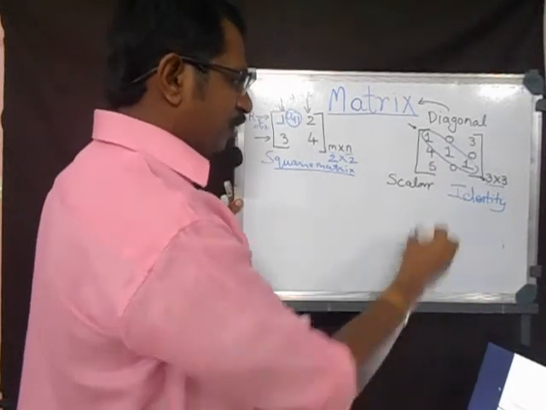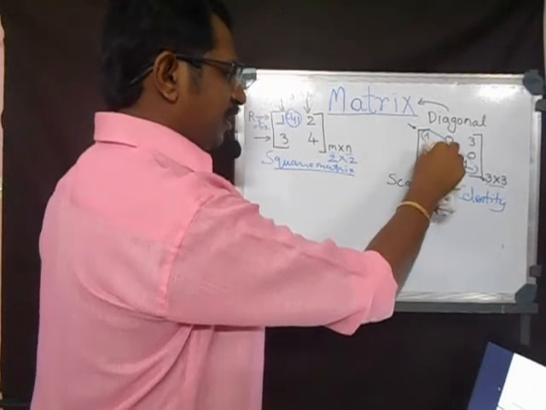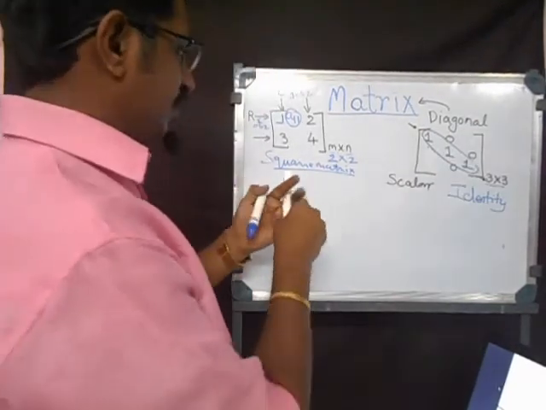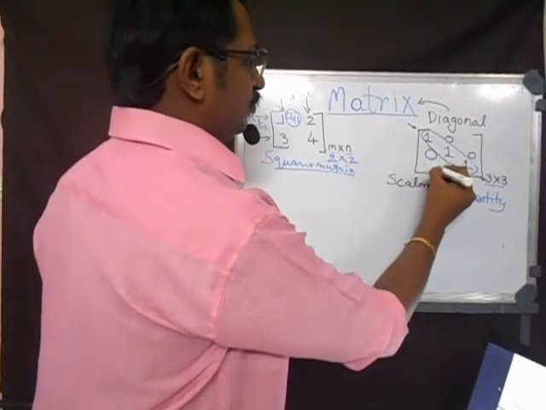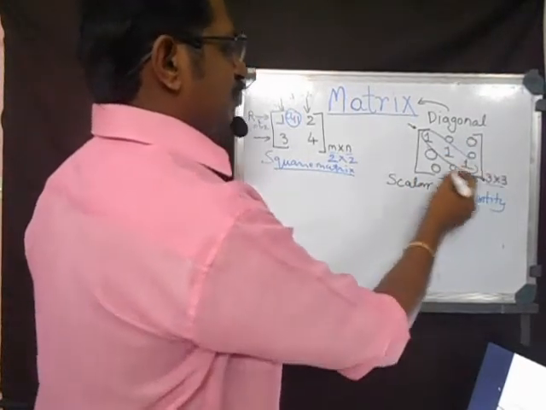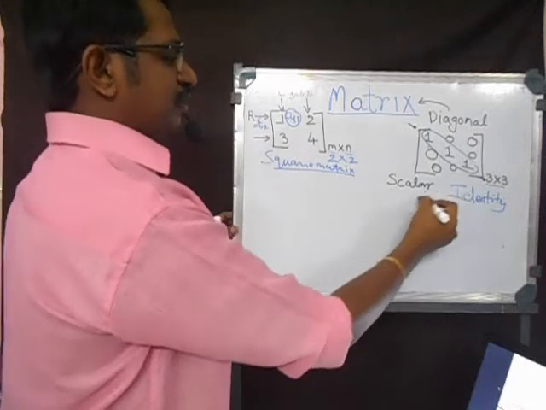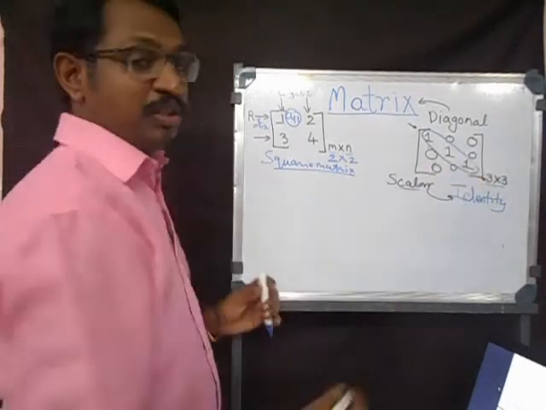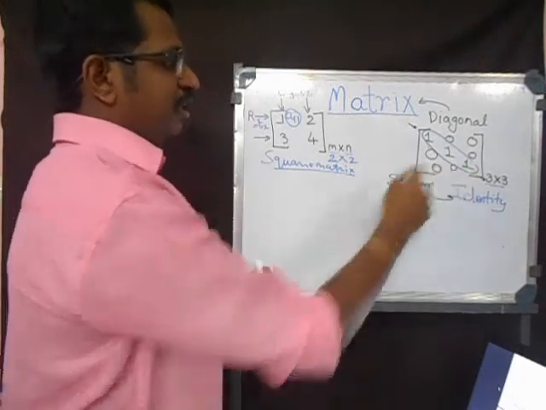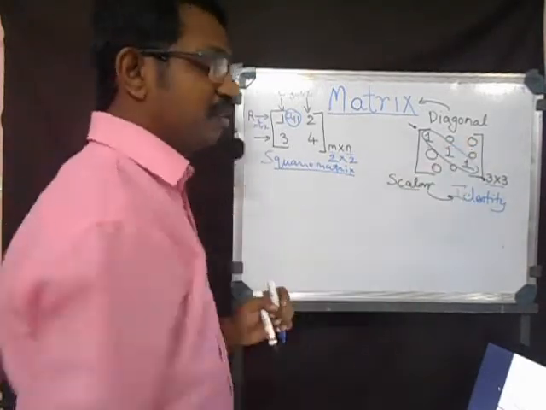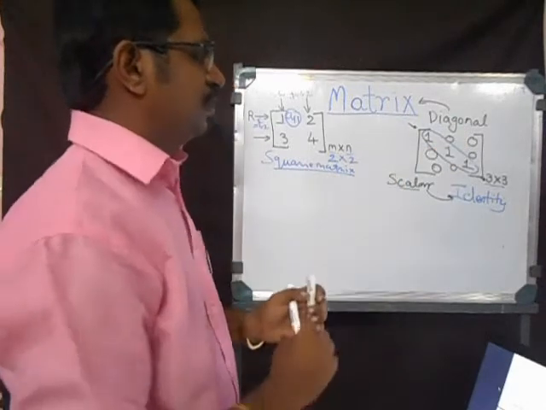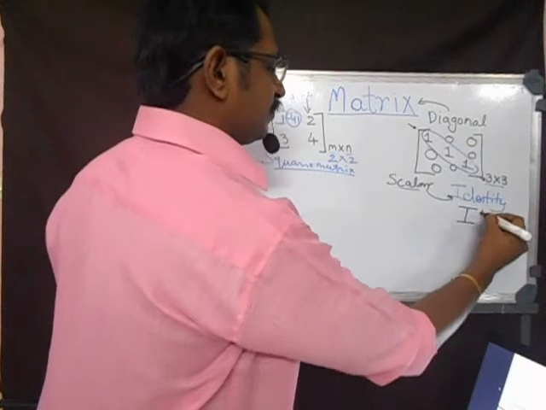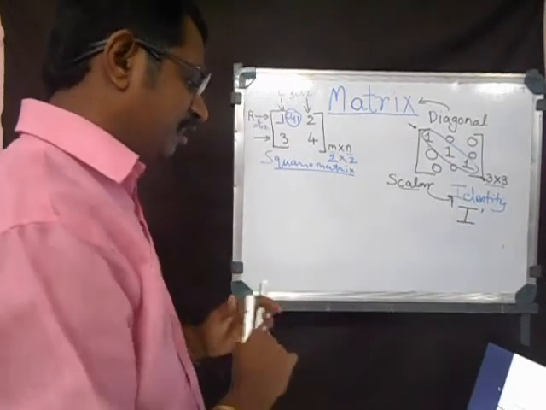One more point to add is that all the other elements should be 0. So this is your identity matrix. From scalar to identity, the difference is that the diagonal elements should be unity and all the other elements should be 0. The identity matrix is also called I.